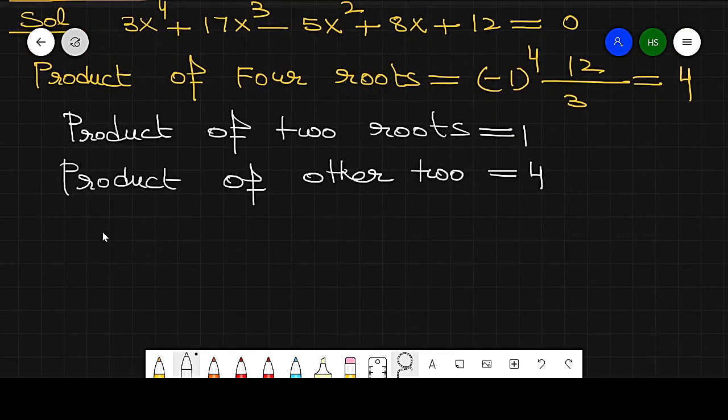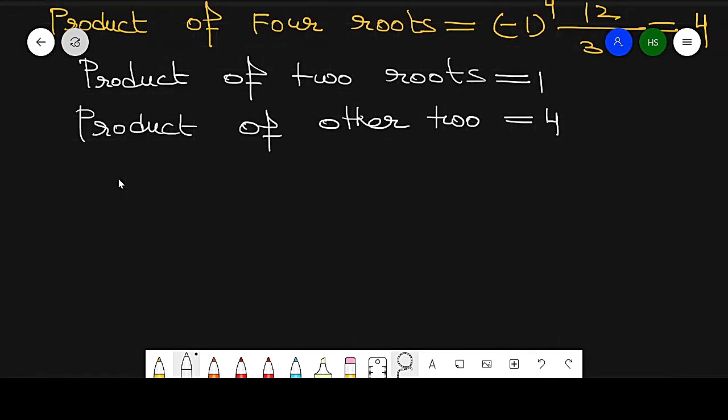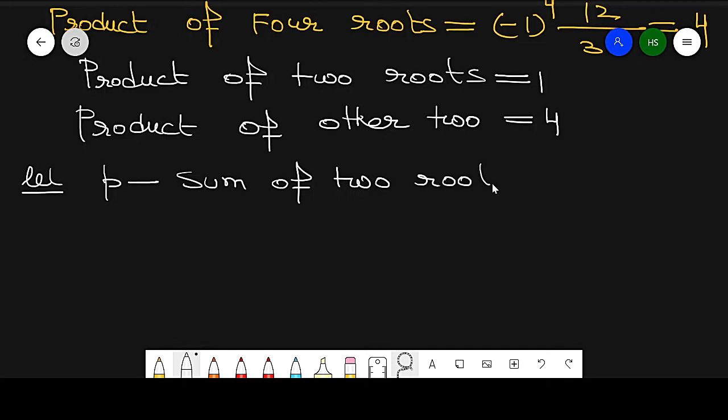Now suppose, let P be the sum of the two roots whose product is 1.